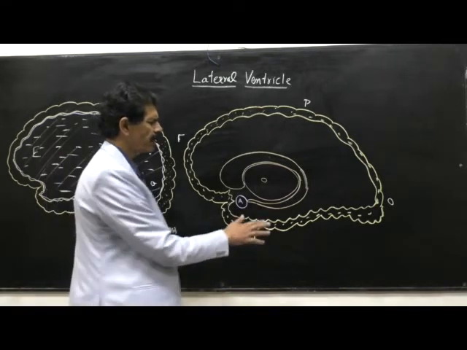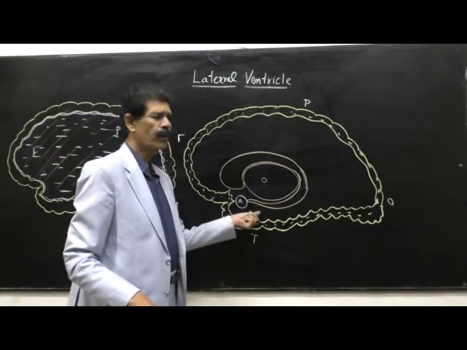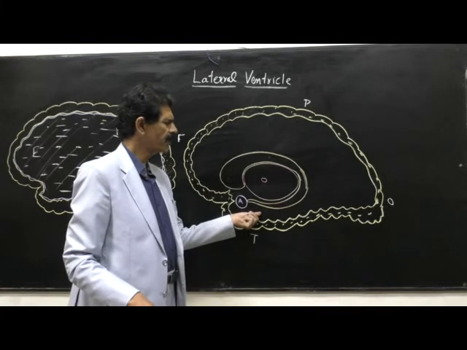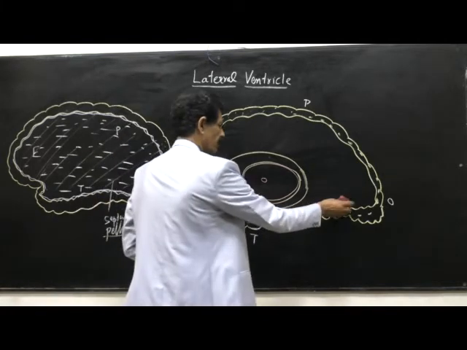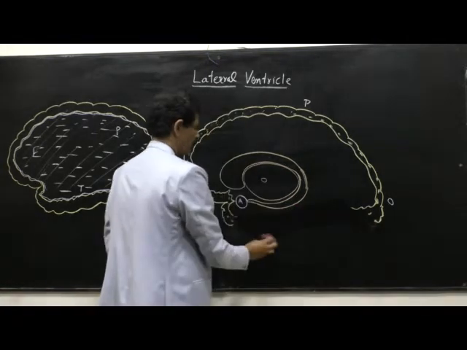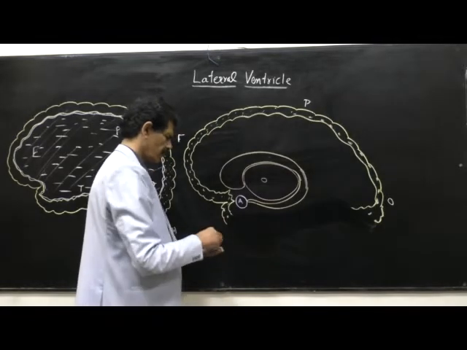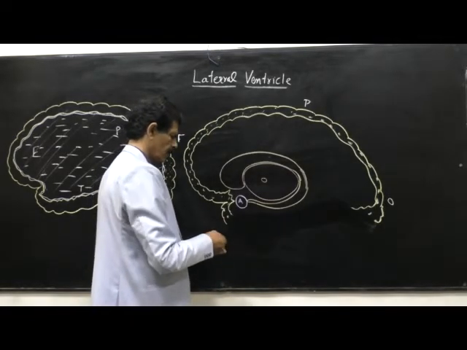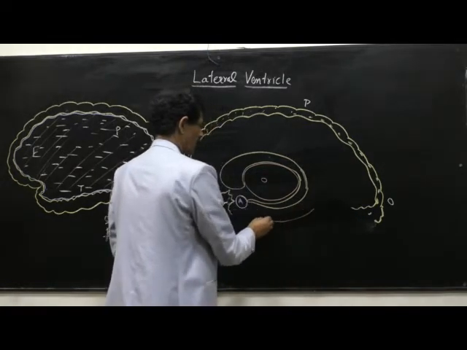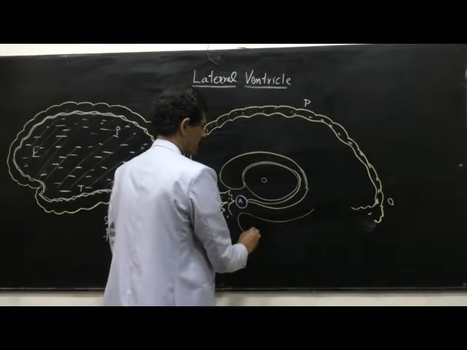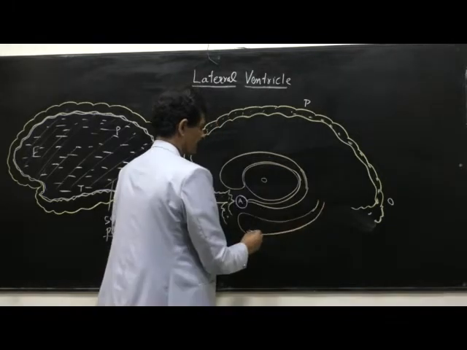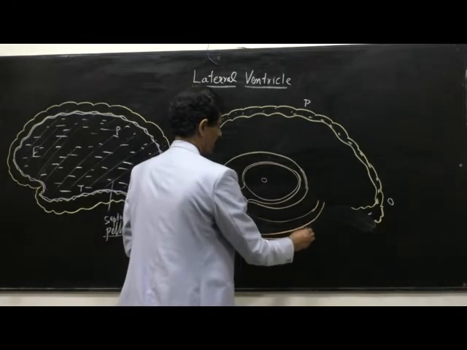Then in the floor of the temporal lobe, later on, as we know, there develops, more medially placed, the pes and hippocampus and dentate gyrus.